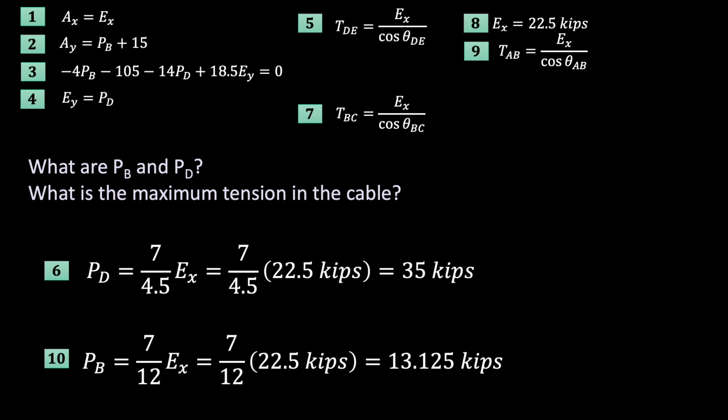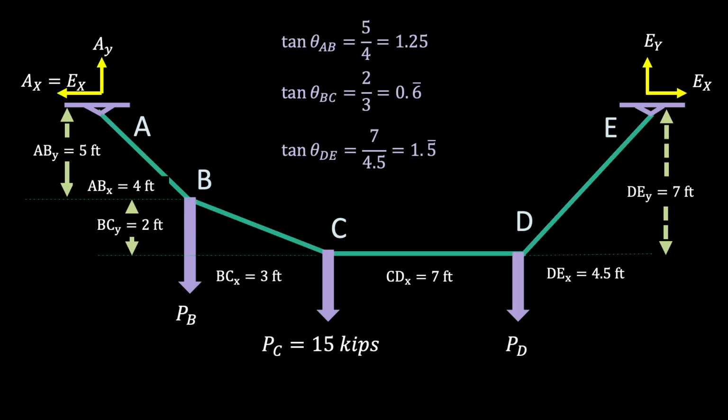Let's bring back our tangents that we used along the way to see which segment will have the highest tension. Remember, in our entire system, the horizontal component of tension is constant. To maintain that constant horizontal force, when a section of cable is sloped upward, the overall tension in the cable has to increase.